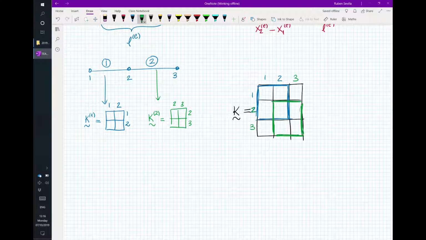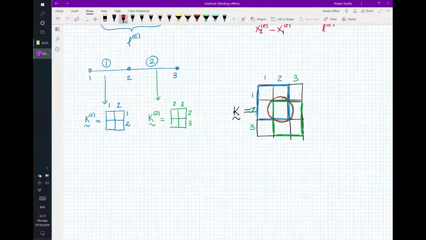Maybe it's all trivial what I'm saying today, but bear with me. Why do we have this region here, the position 2, 2, where 2 elements are contributing?